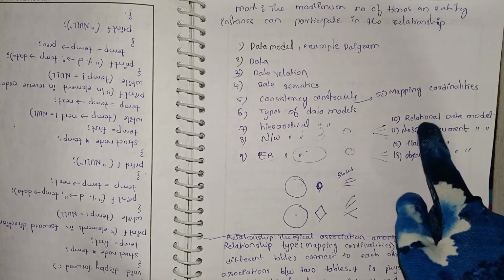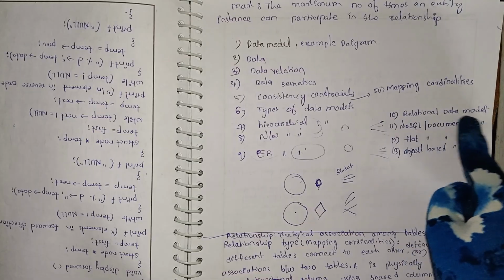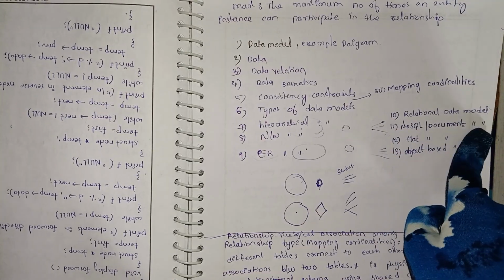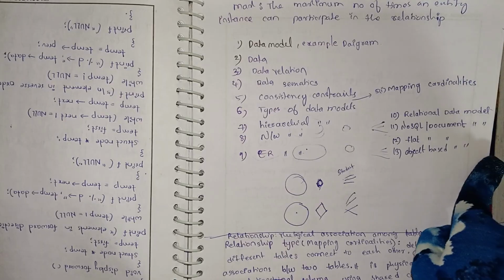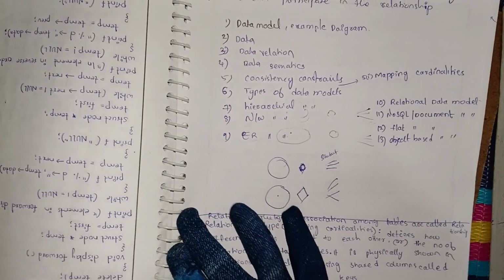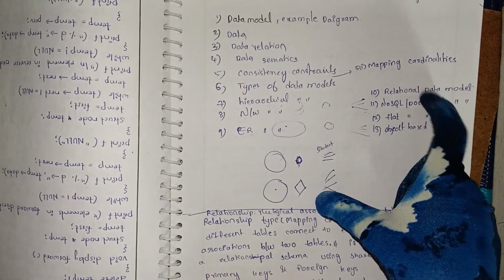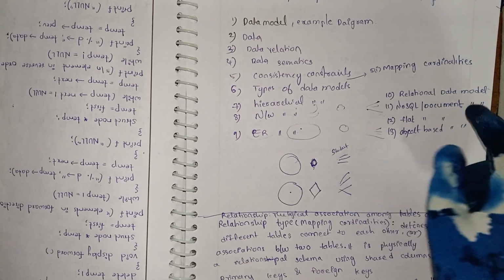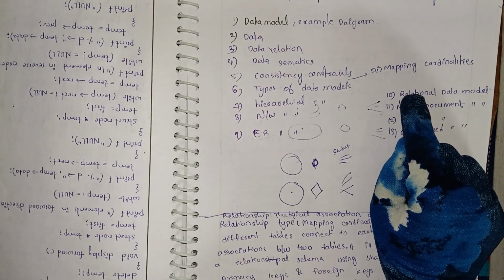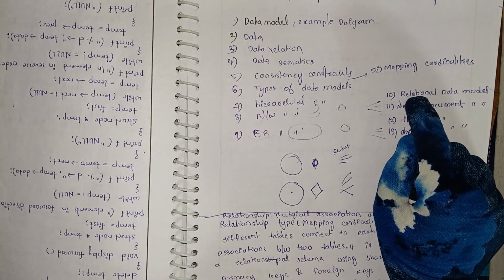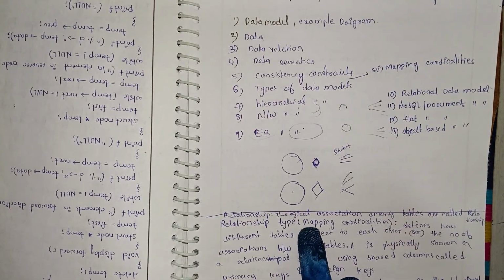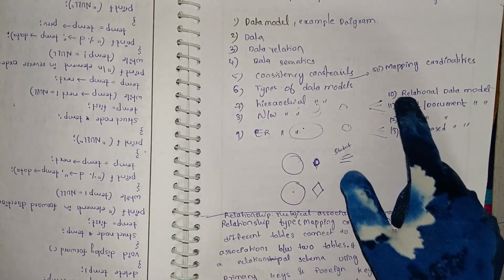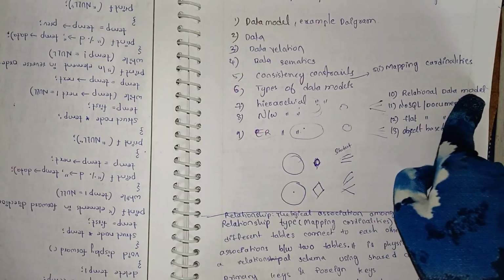The remaining topics are the relational data model, NoSQL document data model, flat data model, and object-based data model. Before going into these topics, we have to understand the relationship types of the relational data model, meaning the mapping cardinalities of the relational data model.